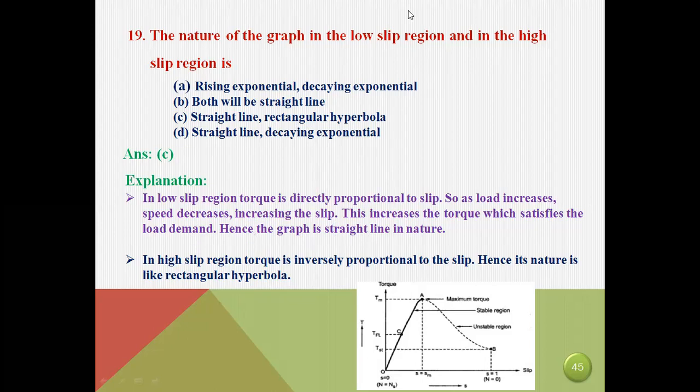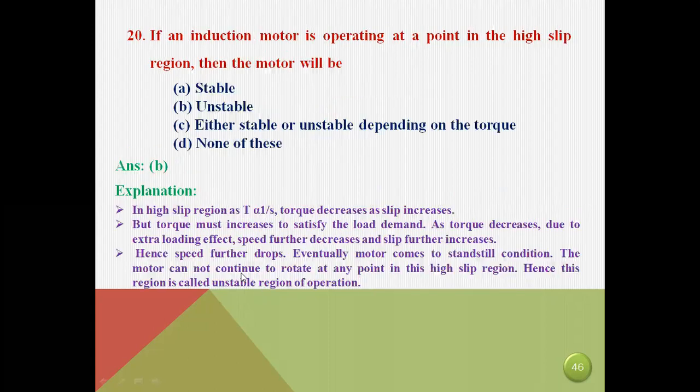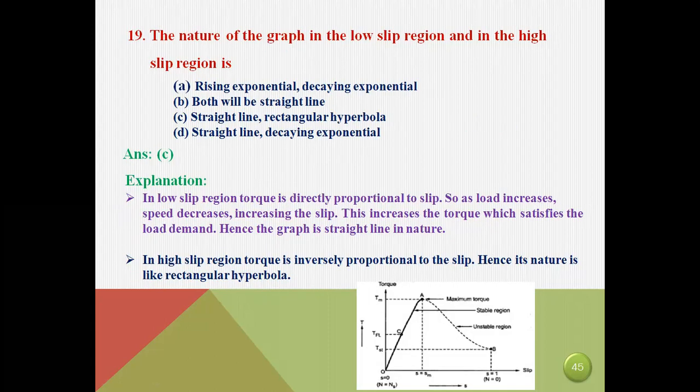So in the low slip region you get a straight line, but in the high slip region torque is inversely proportional to the slip. Here it is directly, there it is inversely. Hence its nature looks like a rectangular hyperbola. They are giving decaying exponential, not hyperbola, so we select the correct answer as C.